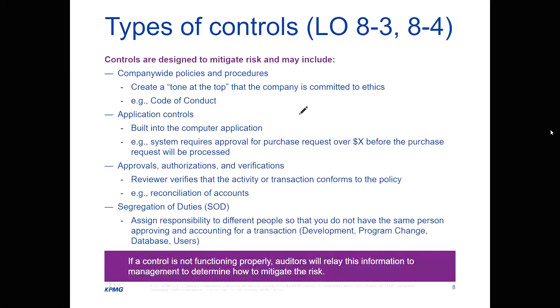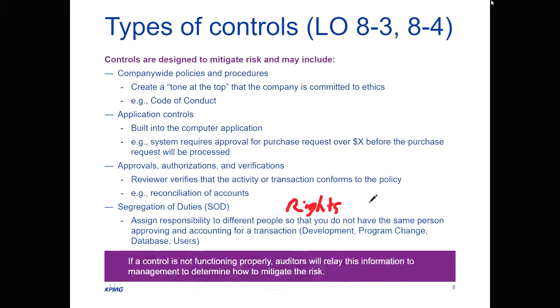And in general, we can have a set of approvals and authorizations and verifications of things through the application, the IT accounting information system. We can also have segregation of duties, where we're assigning not just different responsibilities, but also different rights and privileges to do things within the IT applications.